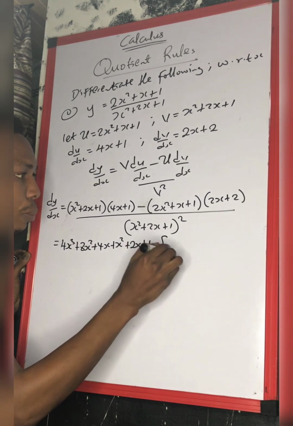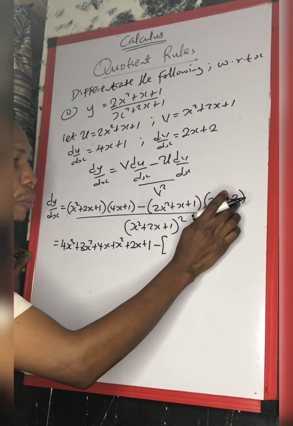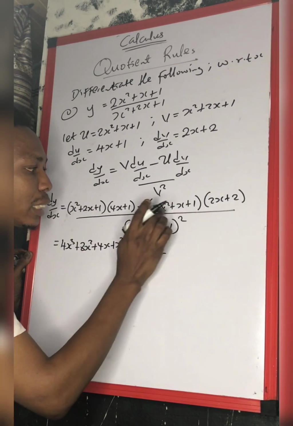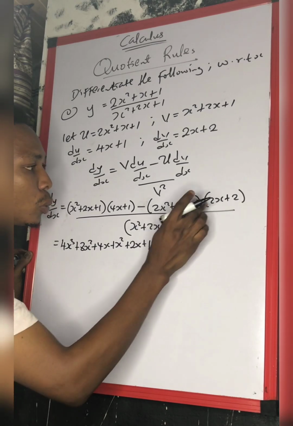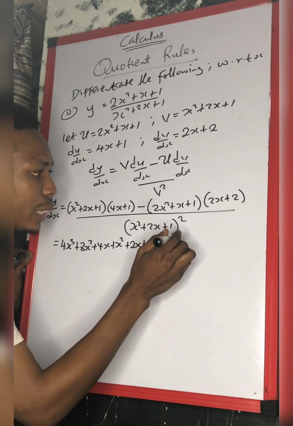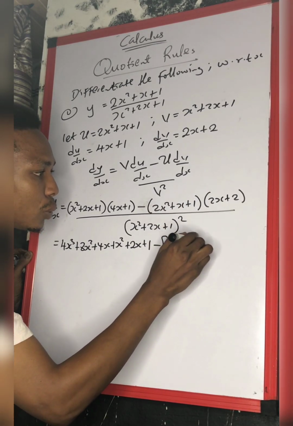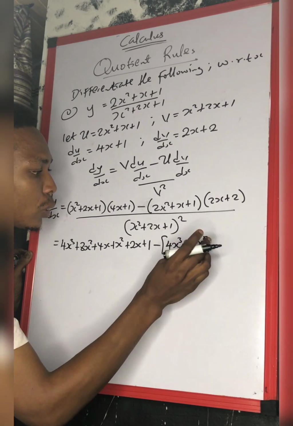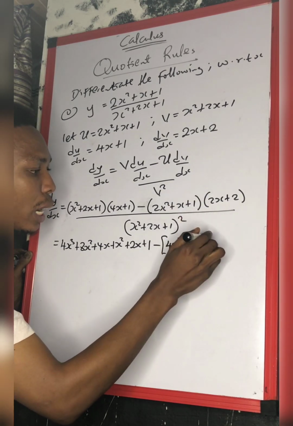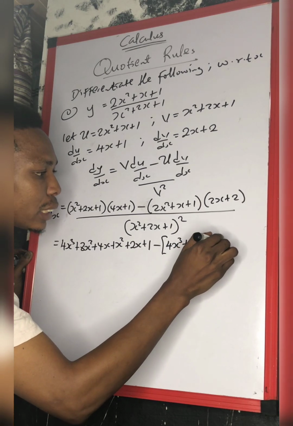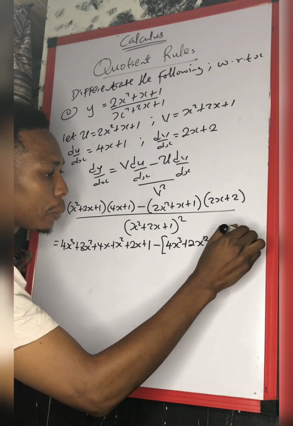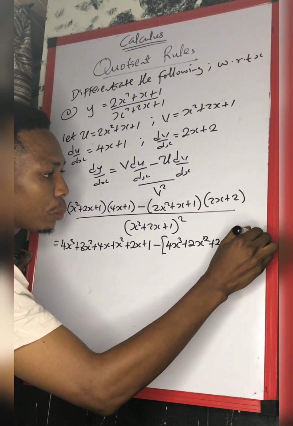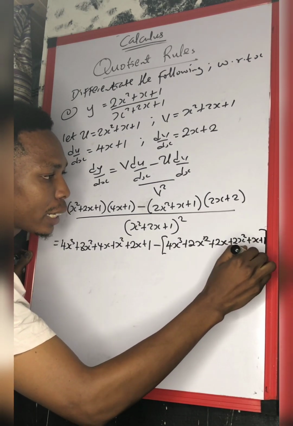Then minus all brackets. 2x will also multiply: 2x times 2x squared is 4x cubed. 2x times x is 2x squared. 2x times 1 is 2x. Then 2 times 2x squared plus x plus 1. Bracket close.